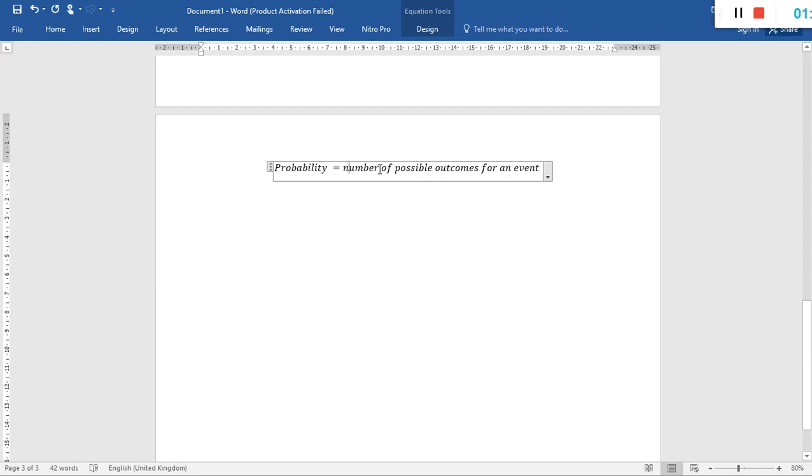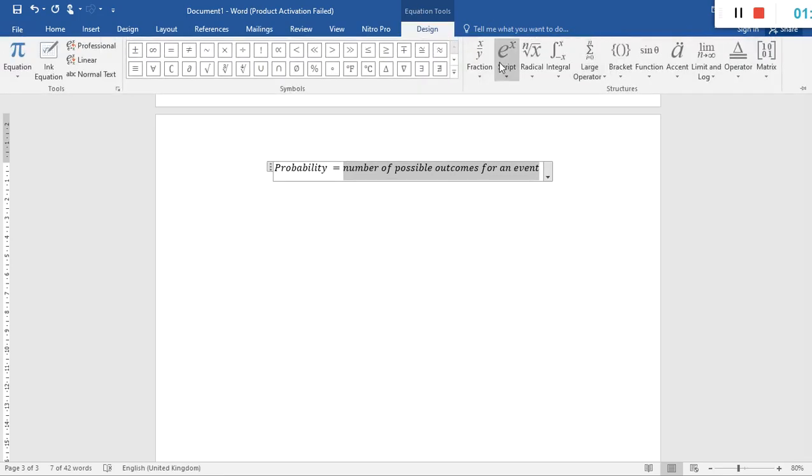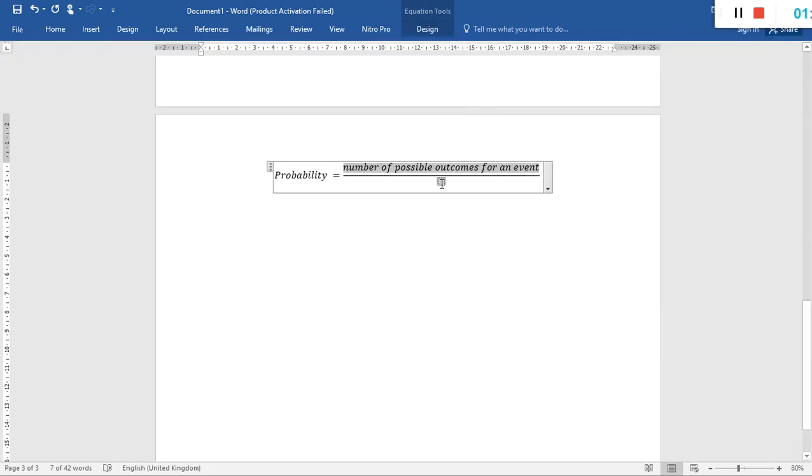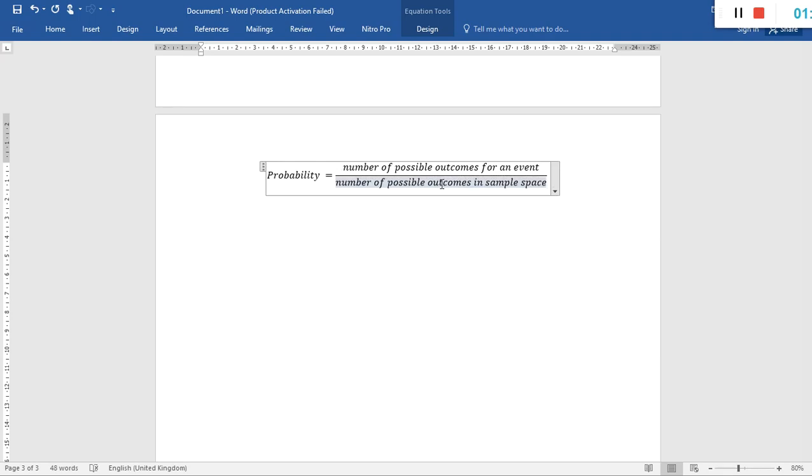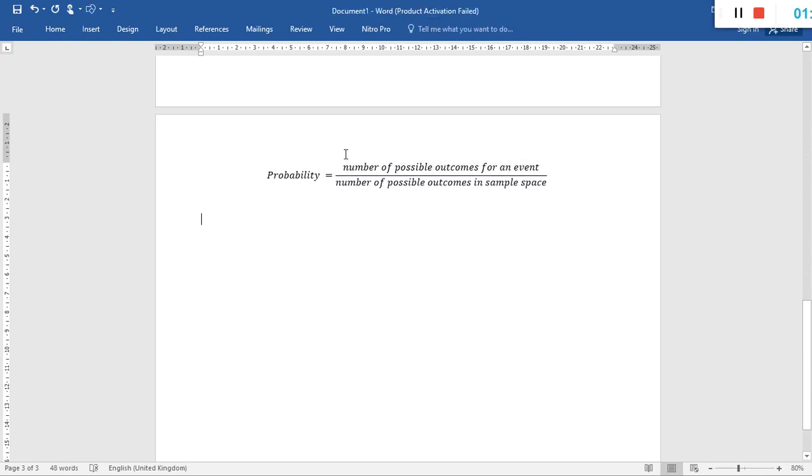So your probability is simply the number of possible outcomes in the event divided by the total number of possible outcomes in the sample space.